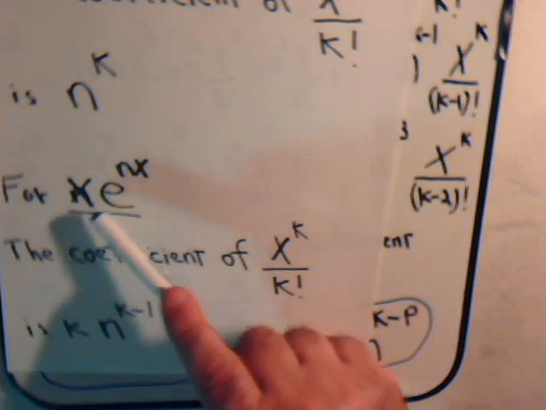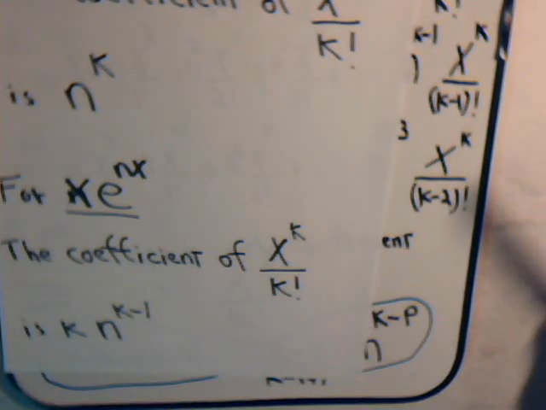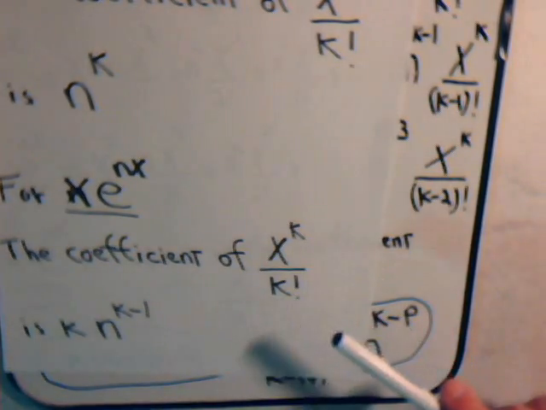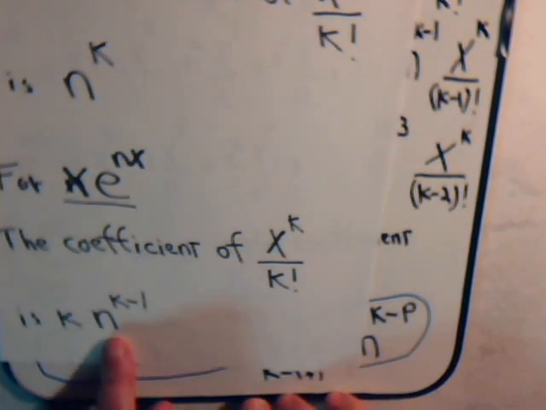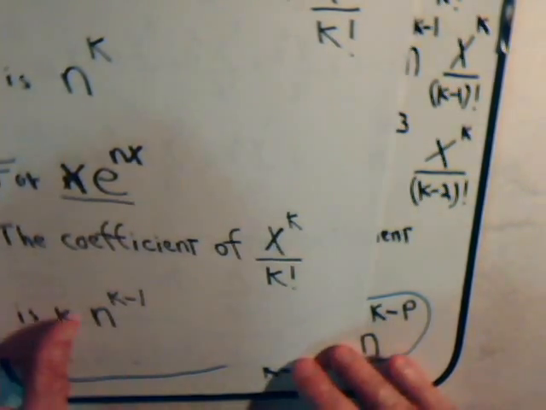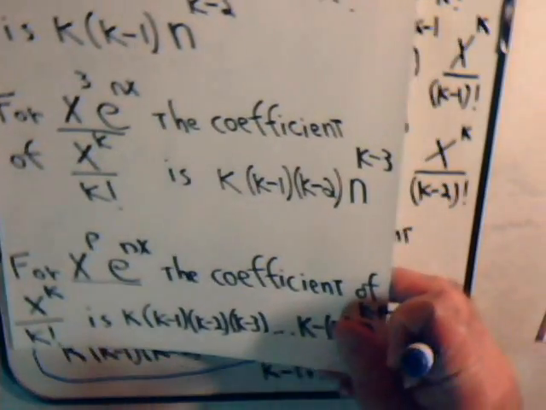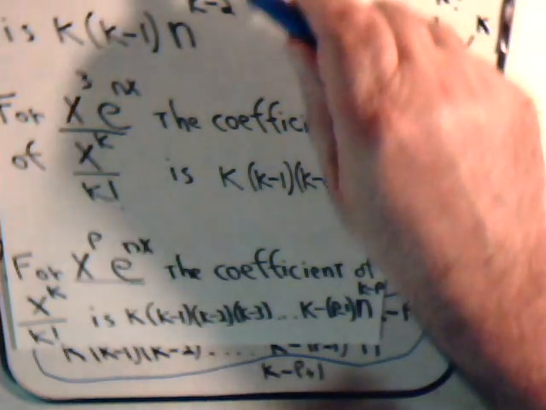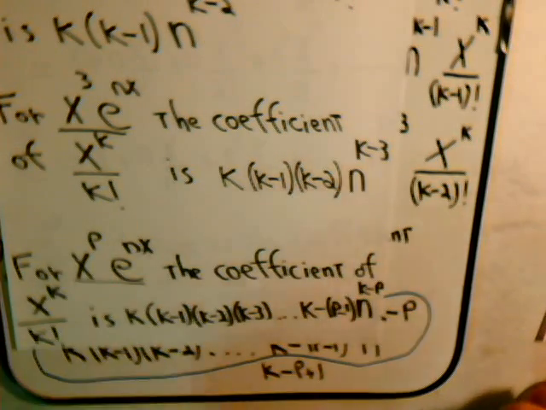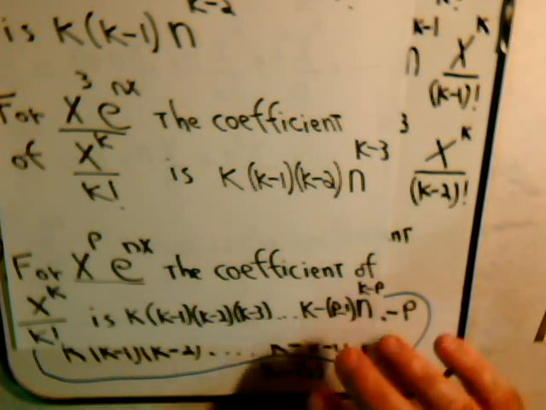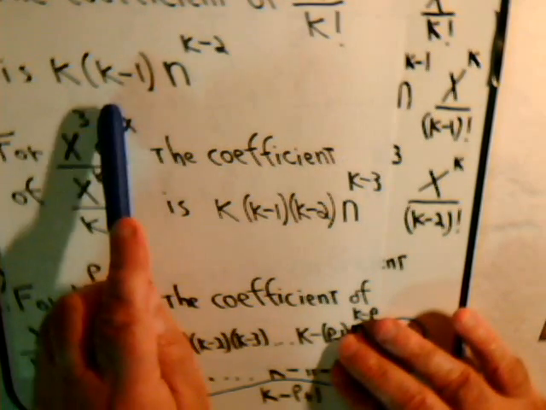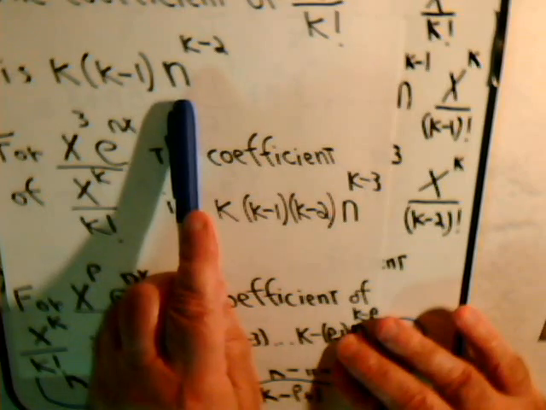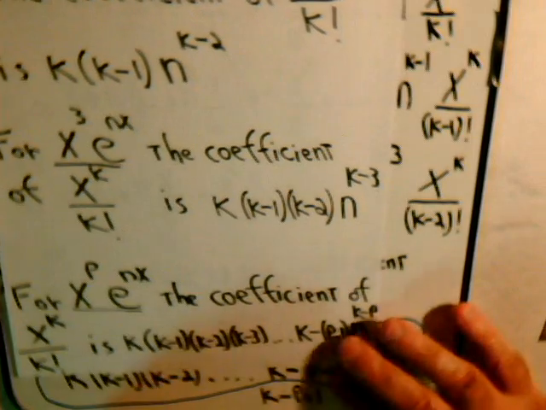If it's x to the first power times that, then the coefficient of x to the k over k factorial is simply k times n to the k minus 1. Or if we have higher powered x's, x squared, x cubed, all the way up to x to the p, then in this case for x squared, it is k times k minus 1 times n to the k minus 2.